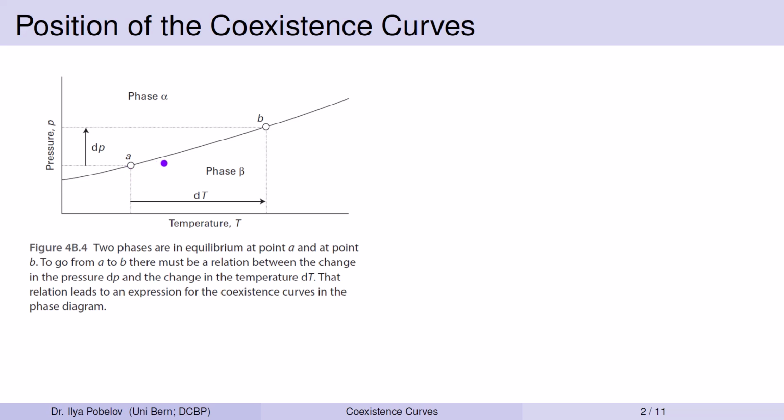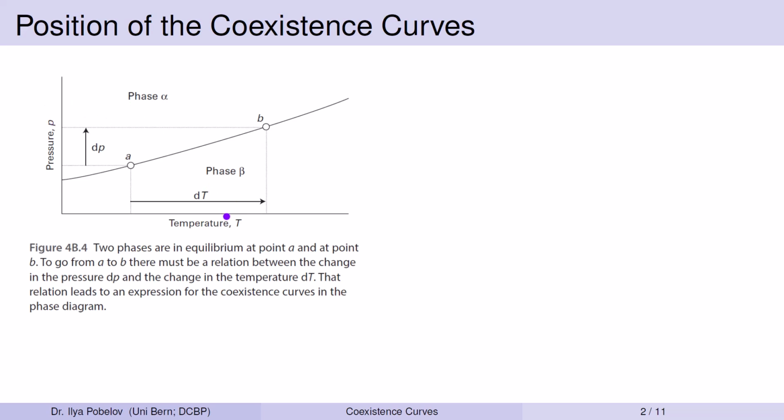If we move from point A to another point of this curve, the system stays in phase equilibrium, although at different pressure and temperature. This transition causes changes in both temperature, dT, and pressure, dP. Now we will uncover the underlying relationship between these two variables.